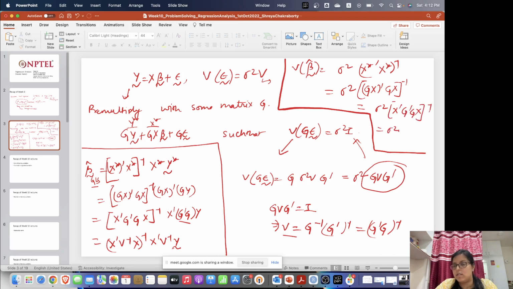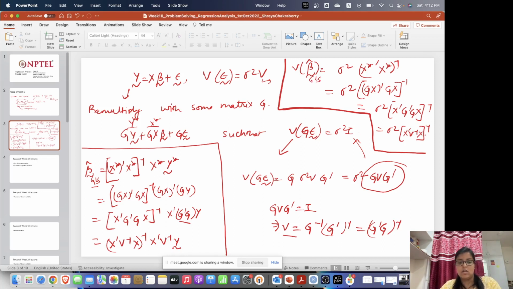We would have sigma square X transpose V inverse X whole thing inverse. So the variance of beta GLS would not be sigma square X prime X inverse, but sigma square X prime V inverse X inverse.